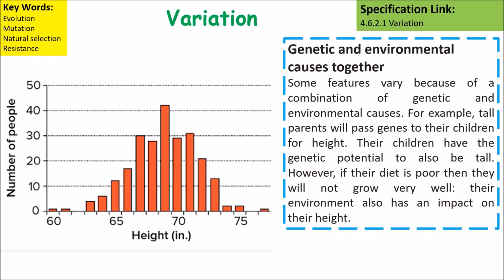And like we've said, genetic and environmental causes can act together. For something like height, you might have the genes to be tall. However, your ability to get that tall might well be affected by your diet.